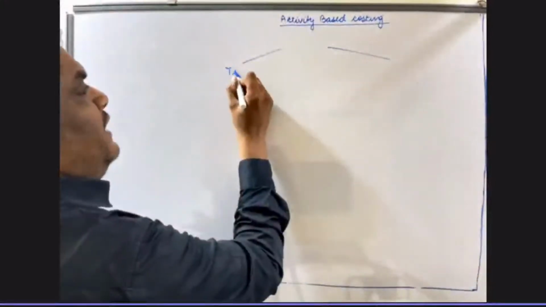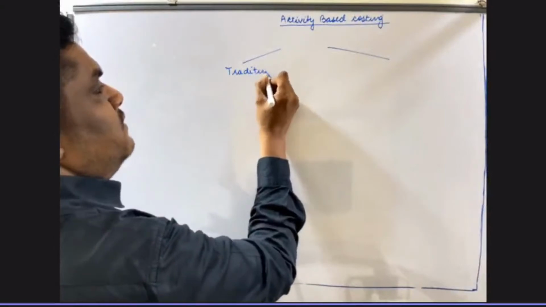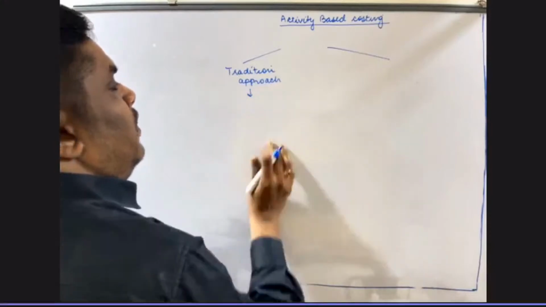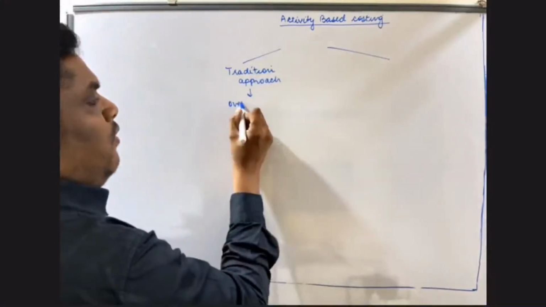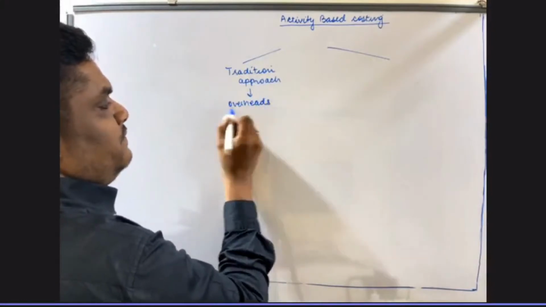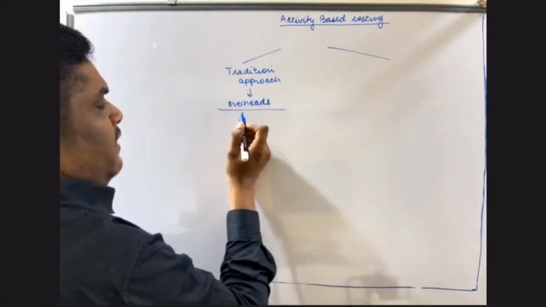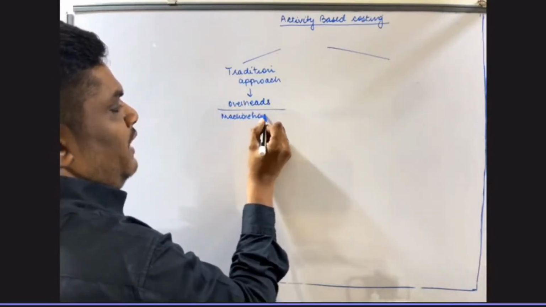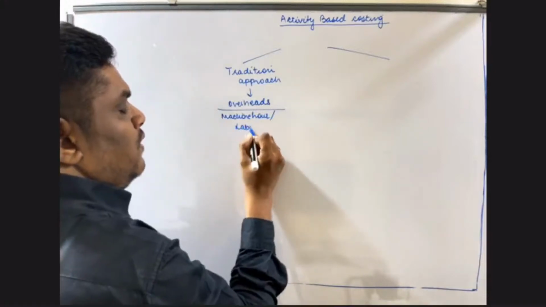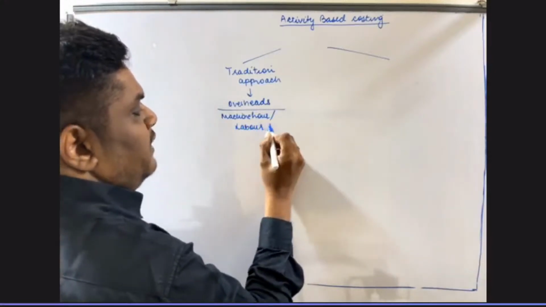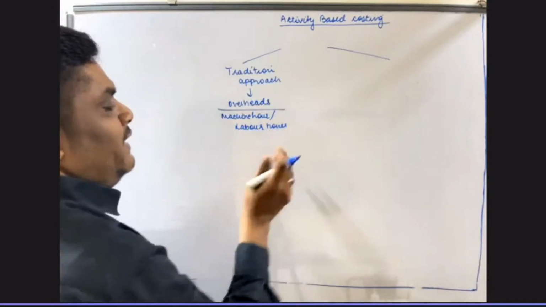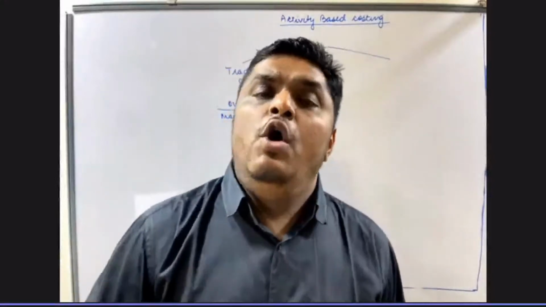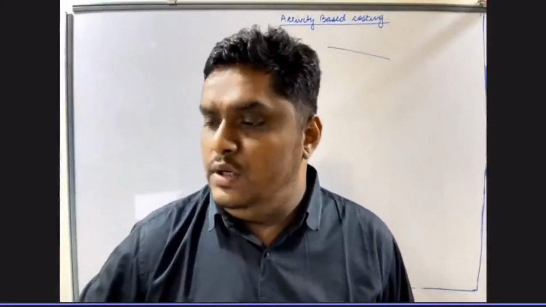In traditional costing, what we used to do was very simple: the total overheads divided by either machine hours or labor hours. This is how we calculate the absorption rate, and that absorption rate was used to charge the overheads of that production department to a particular job or product to calculate the total cost.